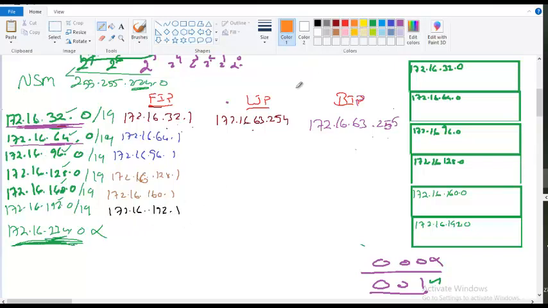And then the last, let's write the broadcast. The broadcast will be 172.16. If the next network is 96, then it is 95 here, .255. 172.16. If the next network is 128, then it is 127.255. Next network is 160, then it is 172.16.159.255.